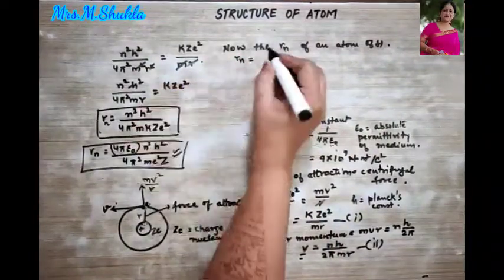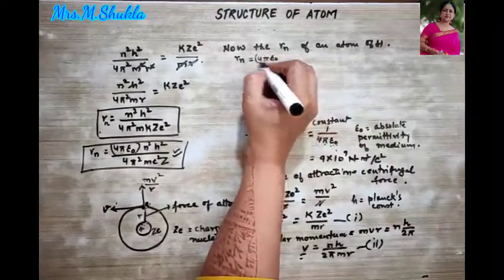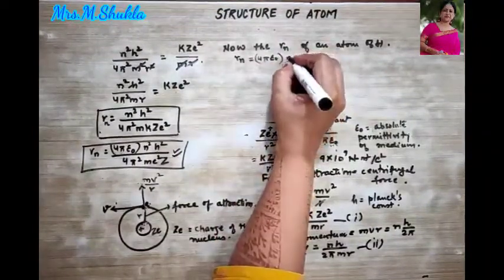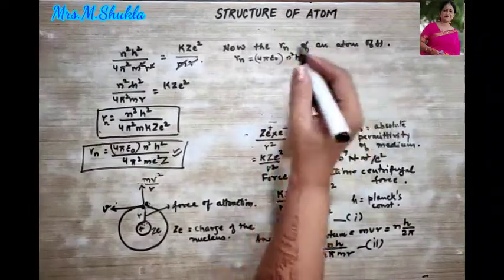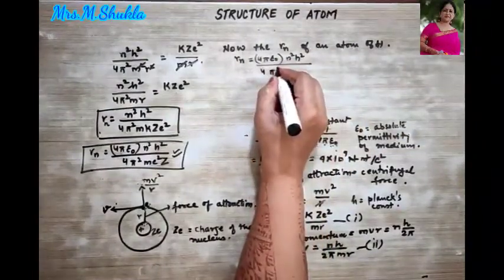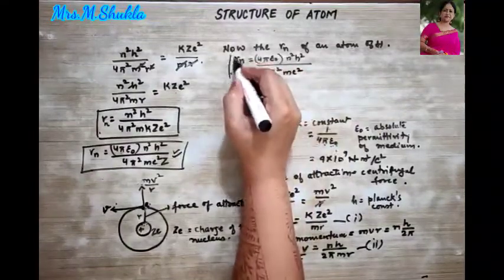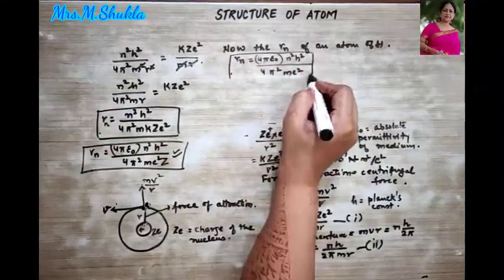Rn is equal to 4 pi epsilon naught n square h square upon 4 pi square m e square. This is the formula that is given to you.